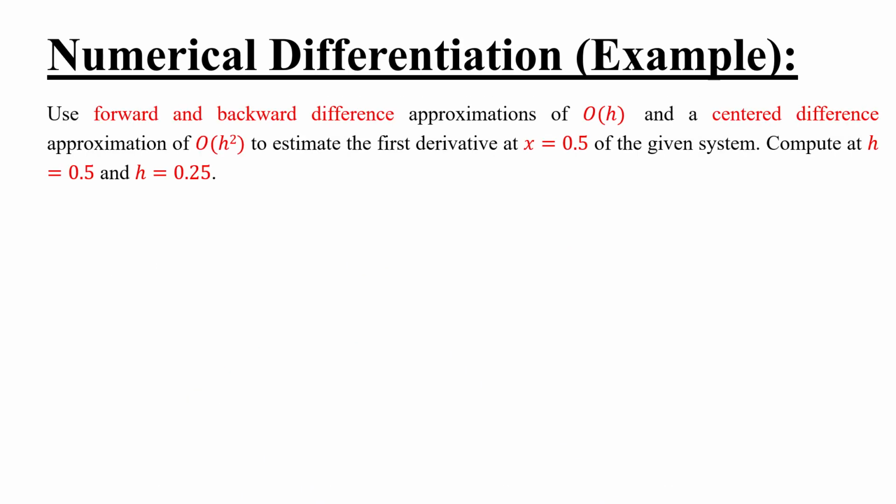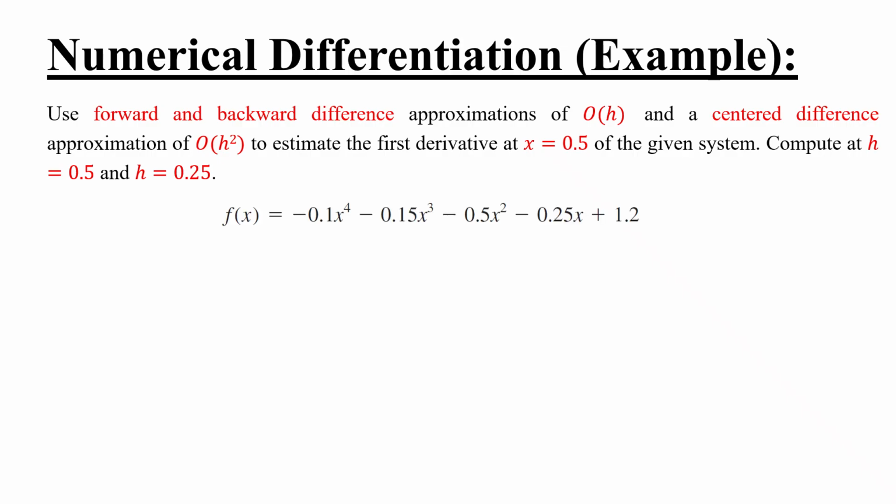Now we see a numerical example to see how these methods work. In this example, we will apply forward, backward and central difference. We are interested in the derivative at x equal to 0.5 with two h values: one is 0.5 and the other is 0.25.